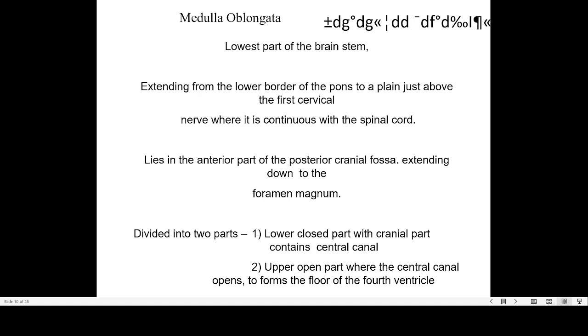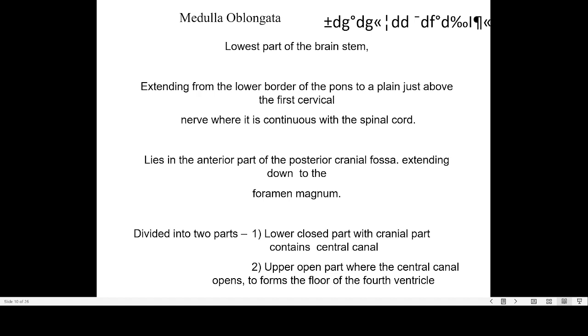Then coming to the divisions, it is divided into two parts: a lower closed part containing the central canal, and an upper open part where the central canal opens to form the floor of the fourth ventricle.